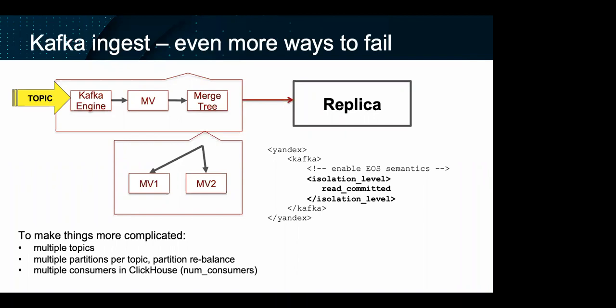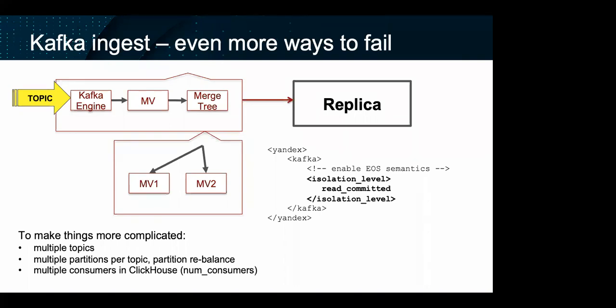The good thing is that Kafka guarantees exactly-once semantics for the consumer, and you can turn it on in the ClickHouse configuration. In this case, there is a guarantee that the Kafka engine fetches the data once and only once.